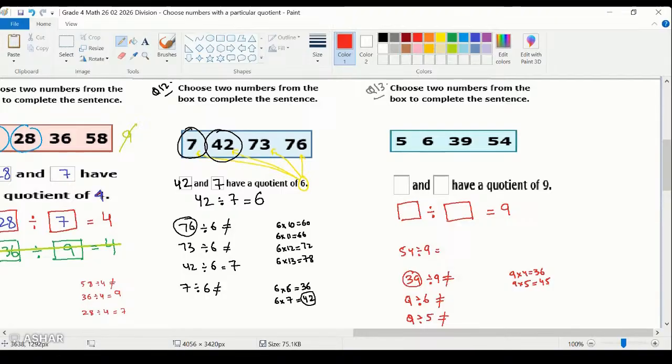But 9 times 6 is 54. We can say that when 54 was divided by 6, you get an answer 9. Agreed?